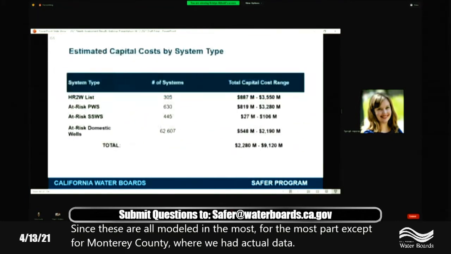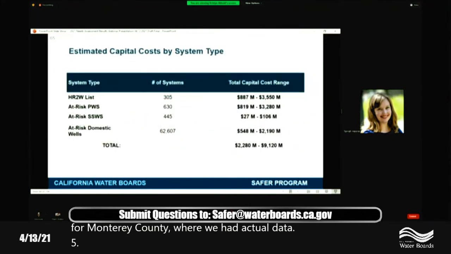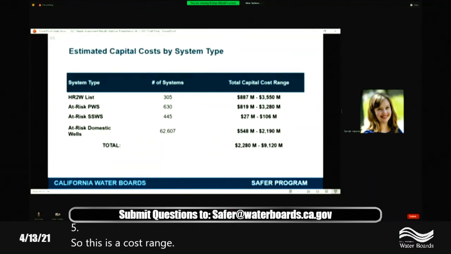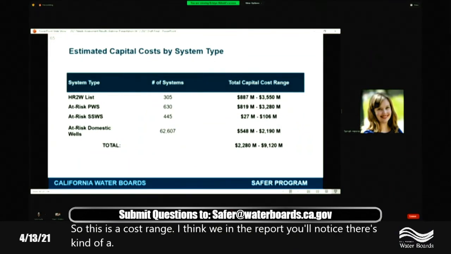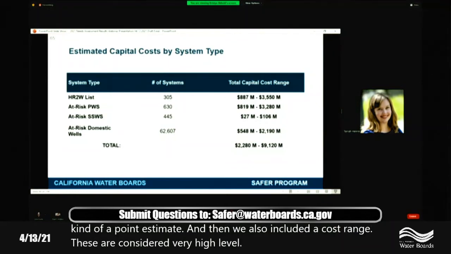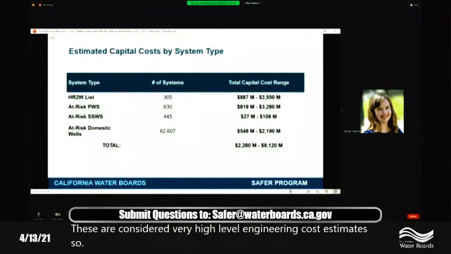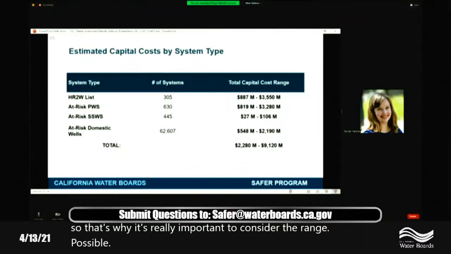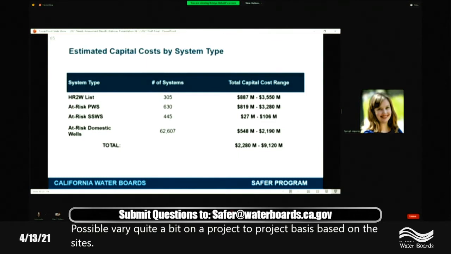Next slide. So this is a cost range. In the report, you'll notice there's a point estimate, and we also included a cost range. These are considered very high level engineering cost estimates, so it's really important to consider the range. Costs will vary quite a bit from project to project based on site specific details, which we don't have.